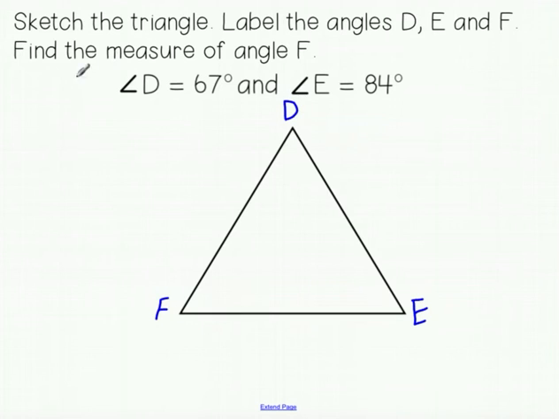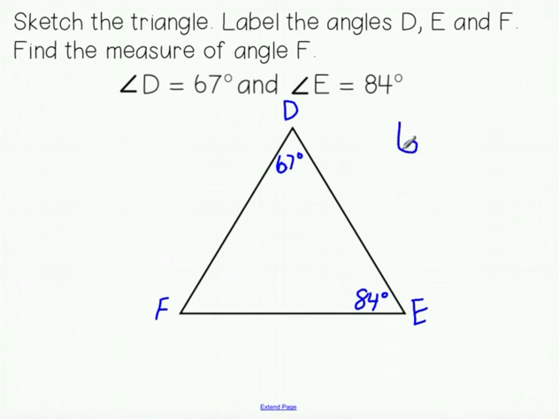Okay, and D, it says, is 67 degrees, so I'm just going to go ahead and label that one 67 degrees. E is 84 degrees. And then F is our unknown, we don't know. So we need to find that angle of measure F, the measure of angle F, I'm sorry.